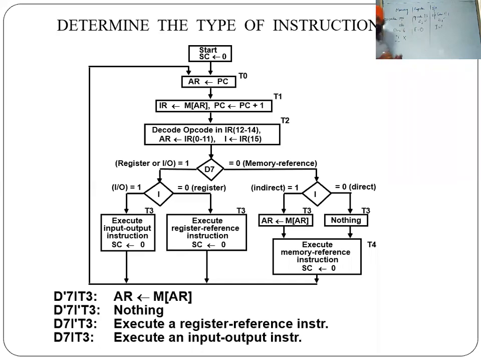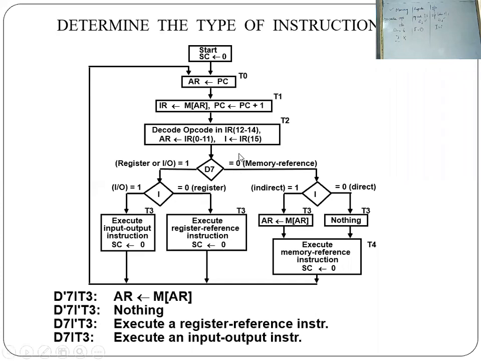So according to this, you can see that whenever D7 is equal to 0, it means memory reference instructions are going to be performed. You can see this on the right hand side, right?